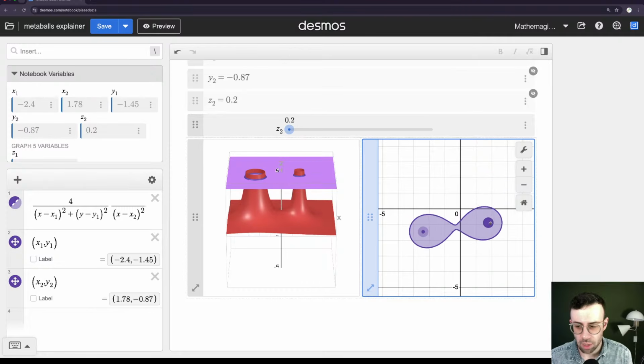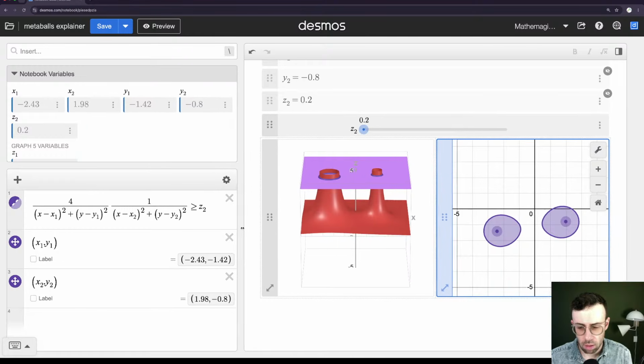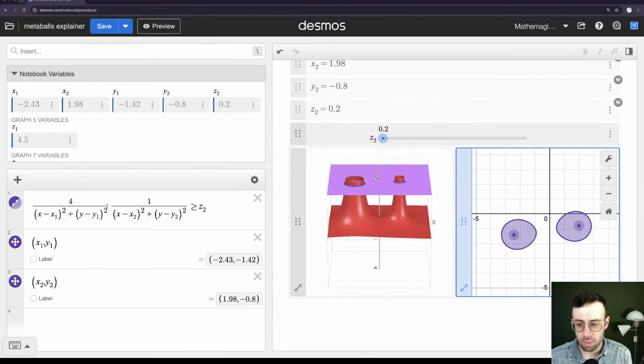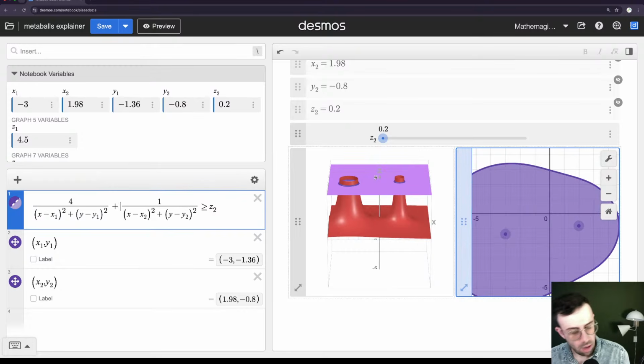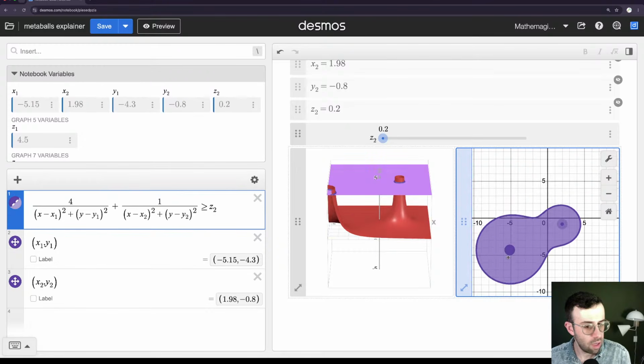Doesn't seem to be matching up because my radii seem to both be 1 here. What's going on? Oh, it's multiplying. I forgot to add. All right. My blobs look better now. There we go.